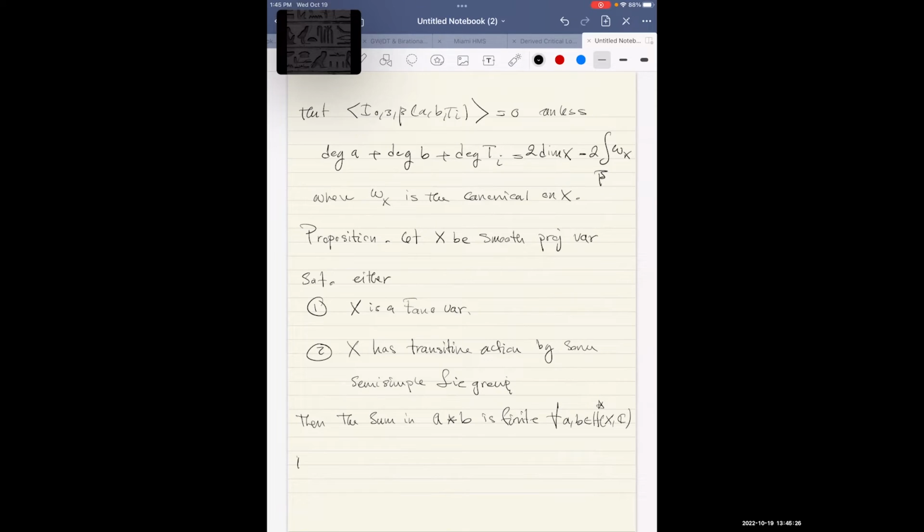Why? Very easy. So proof: we show that there exist finitely many A, B for which the degree condition is satisfied and which are represented by genus zero stable maps.